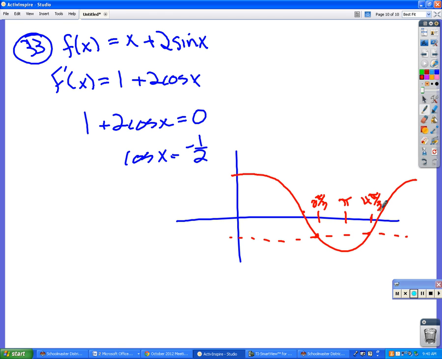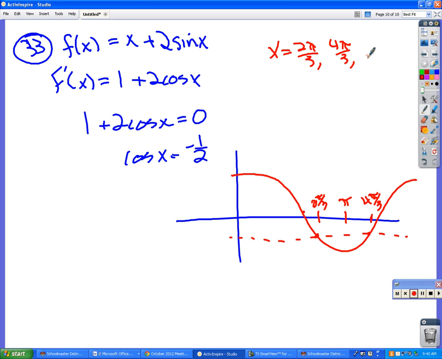Okay? And then where's the next one going to be? So we have one answer is 2 pi over 3, and then the next one is 4 pi over 3, and then it's a 2 pi cycle, right? So if I add another 6 pi over 3 onto this, then I get 2 pi. Never mind.